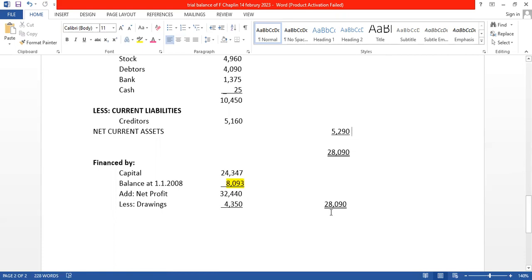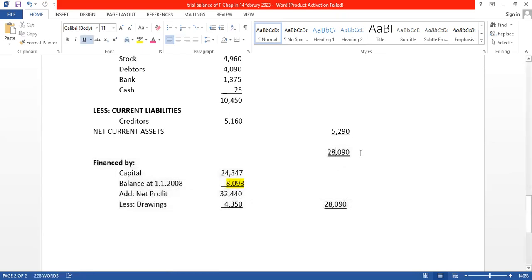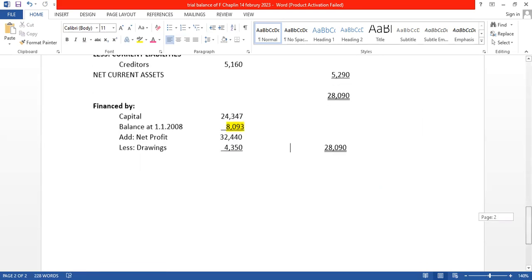You should be left with $28,090. Notice that both figures here are the same. Sorry. Here and here, the figures are the same. That is what you should get. That's the ending of the trading profit and loss account and the balance sheet.